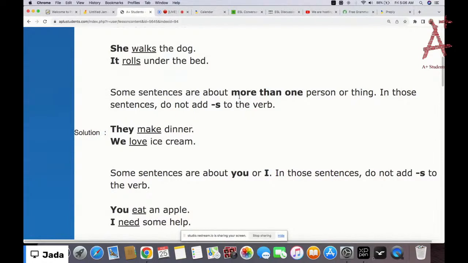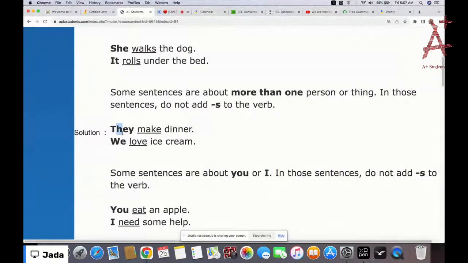They are talking about two people, three people, then you do not add s to the verb. You only add s when it's talking about one thing or one person.